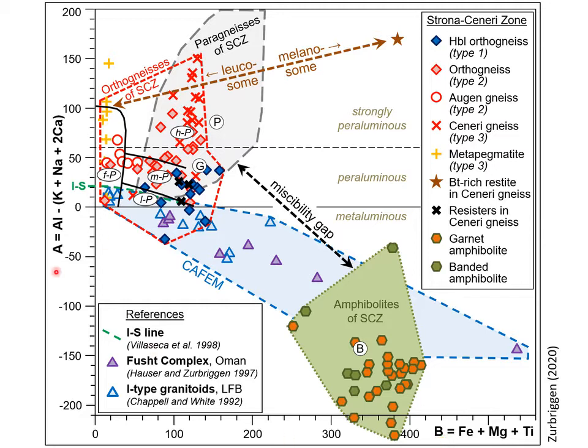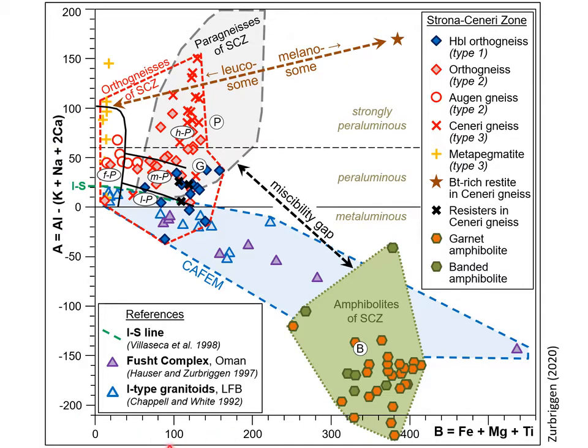And these two parameters, A and B, refer to the peraluminosity on the vertical, which means values which are larger than 0 are characteristic for peraluminous or strongly peraluminous rocks up here, typically sediments, while A values smaller than 0 are metaluminous magmatic rocks. So this is about the content of aluminium with respect to the sum of the alkalis.